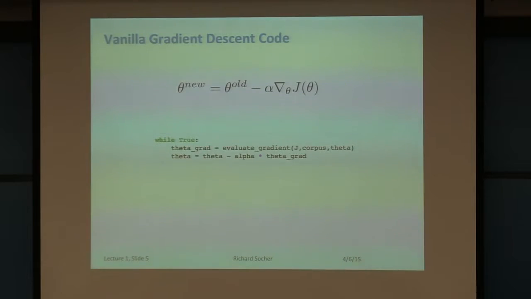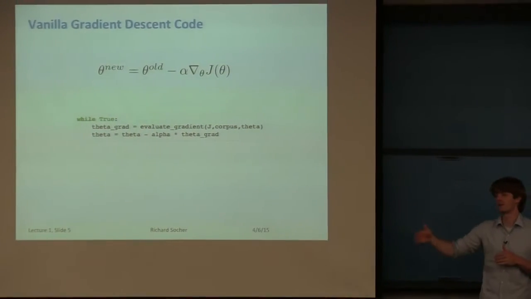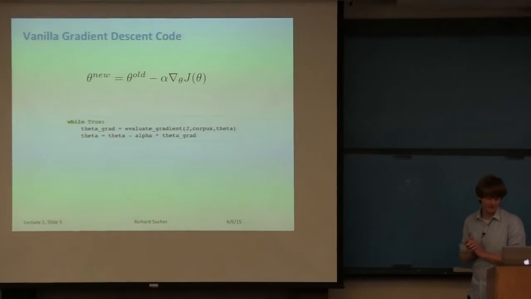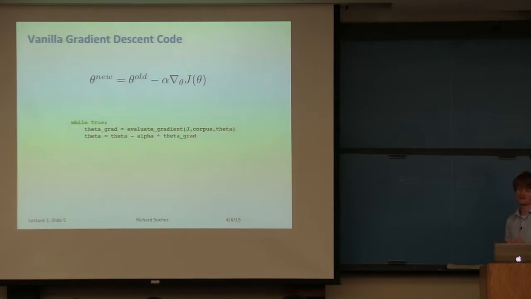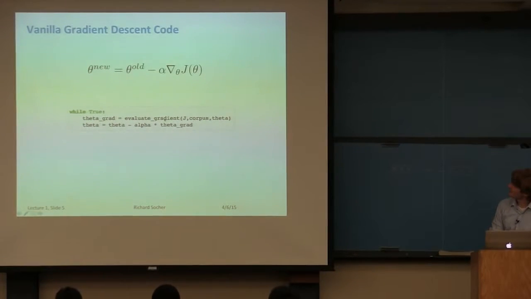Okay, so what would that look like in code? This is the most vanilla version of this; it'll get more complicated. We'll eventually have a maximum number of iterations, and there are lots of other clever things we can do. But the simplest way to update these vectors is by computing the gradients of the function J with respect to theta. Basically implement this function, evaluate the gradient here.